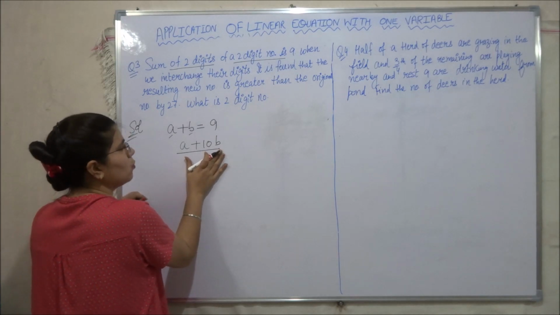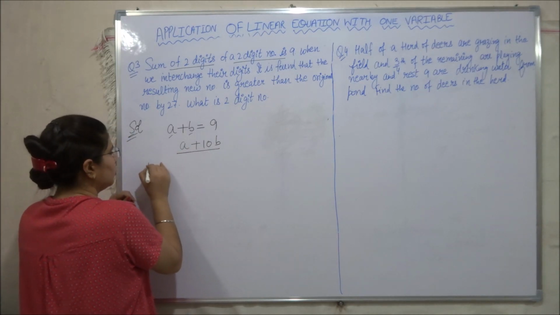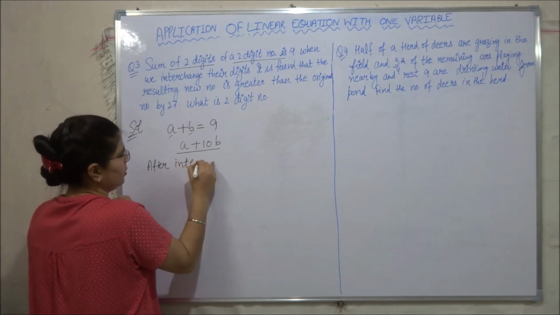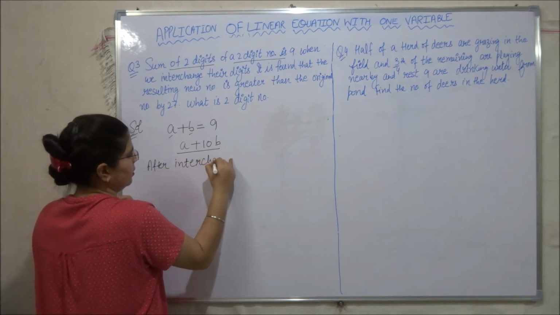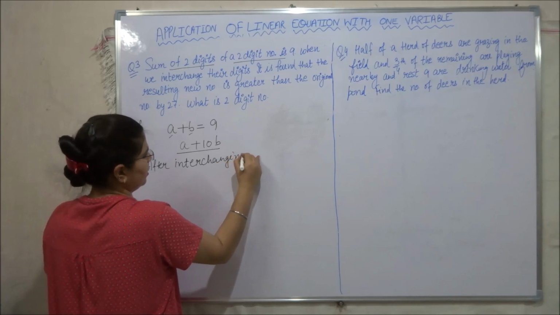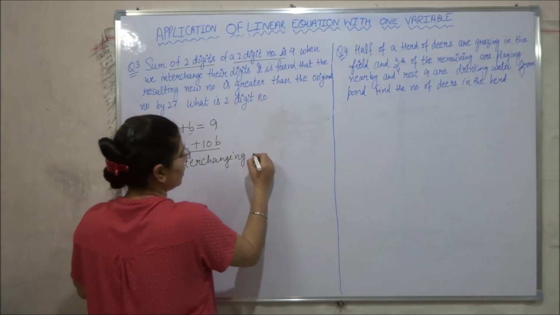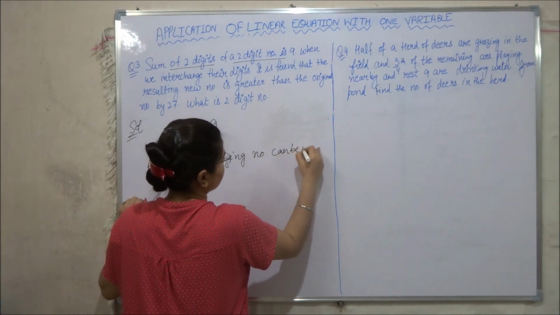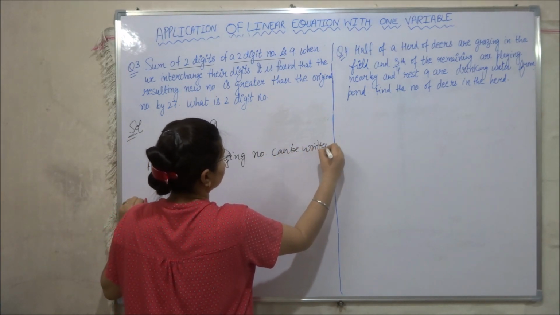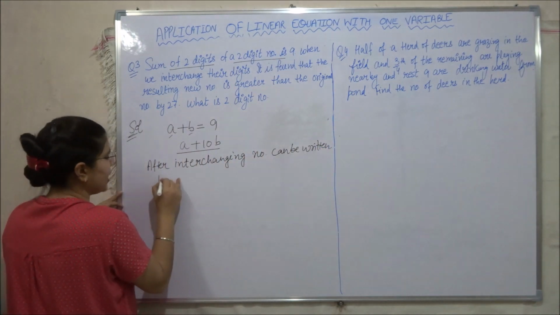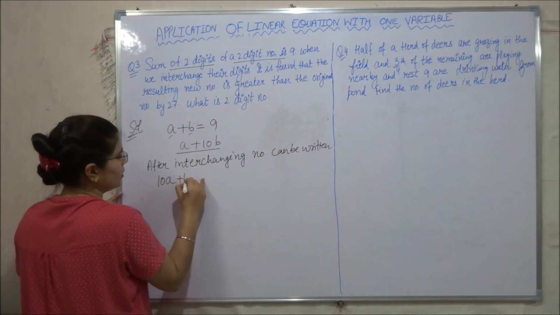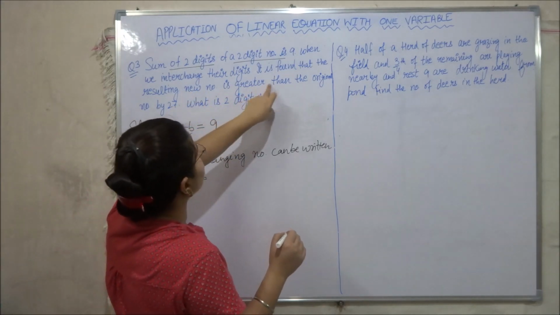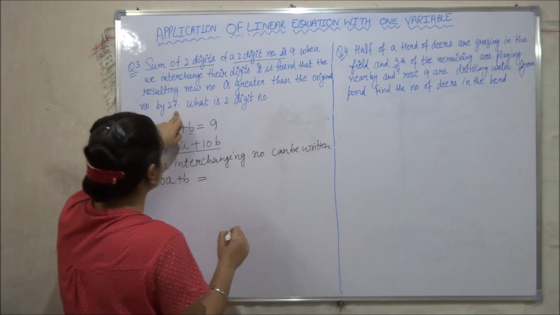When these two digits are interchanged, so after interchanging, number can be written like 10A plus B, that will be the resulting new number, greater than the original number by 27.